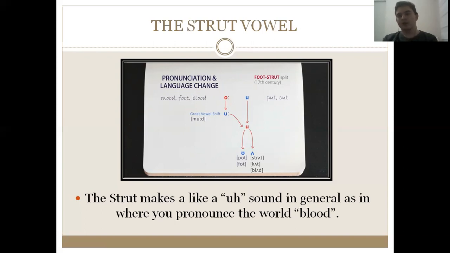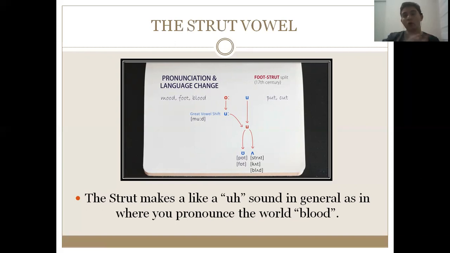I think, if I'm correct, this took place between the 15th century and the 17th century. So before this vowel shift, you would read words like, in this example, mud, foot, blood, put, and cut, like wood, fought, blood, put, or could before the Great Vowel Shift.